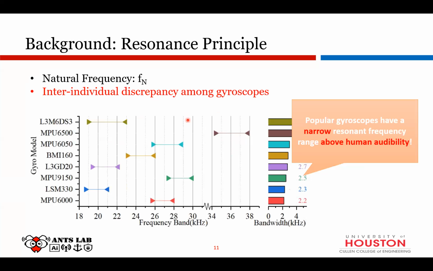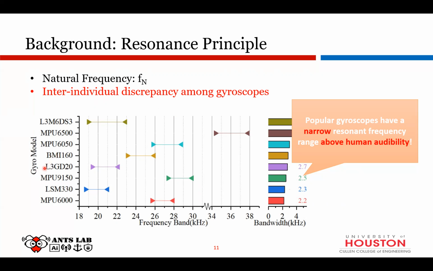In the spring system, the gyroscopes are inevitably different because they use different springs. They are not only different among the types of gyro models; even when you use the same gyro model, there is a significant discrepancy.